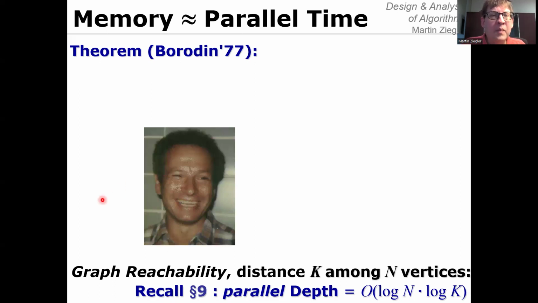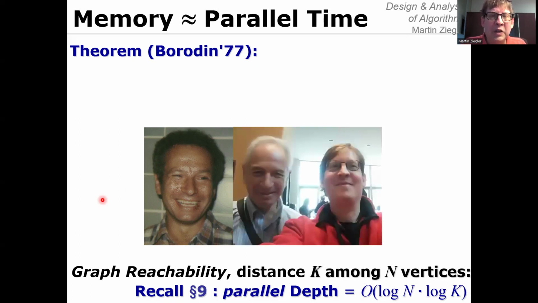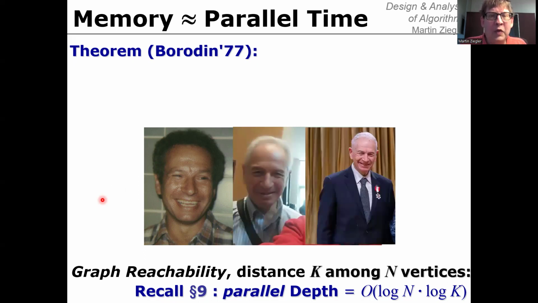So here you see an old picture of Alan Borodin, maybe during the time when he devised that theorem. Here's a new picture of Alan Borodin, a very recent one, where he was awarded the Order of Canada in 2022, a very high merit of Canada.